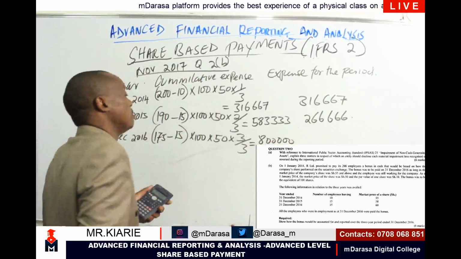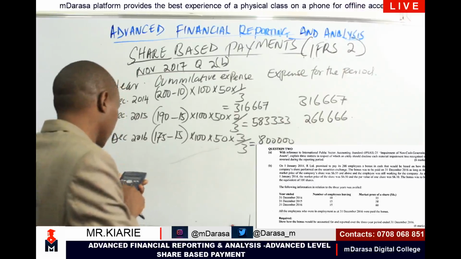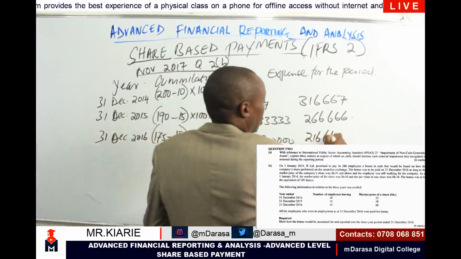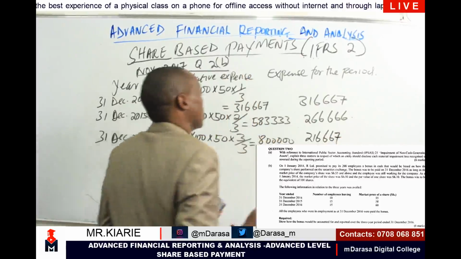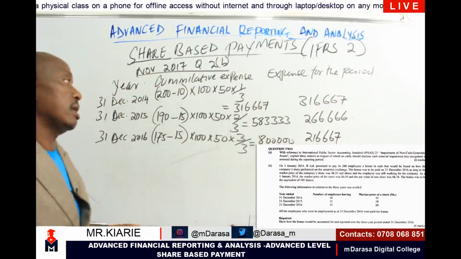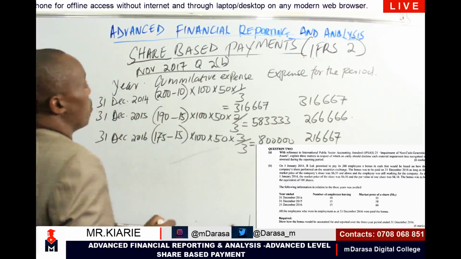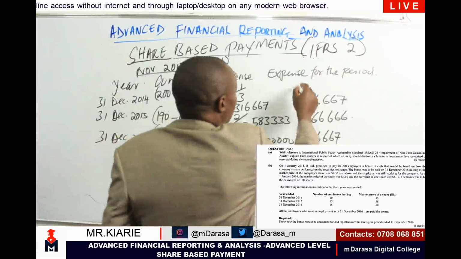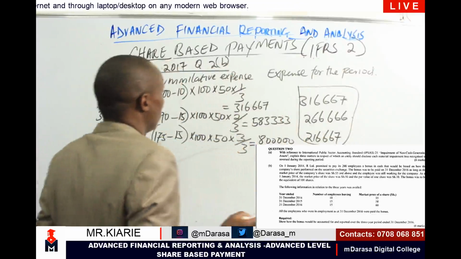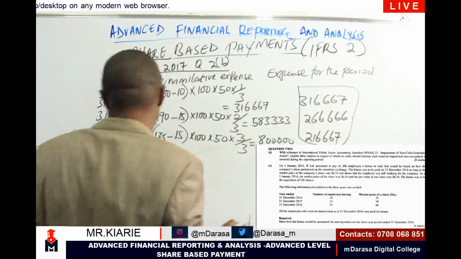Once I subtract the cumulative of the previous year, which is 583,333, it gives me 216,667. And that's how you present the solution to that question, both in the income statement, which is represented by the expense for the year, and in the statement of financial position, which is reflected in the cumulative expense figures.